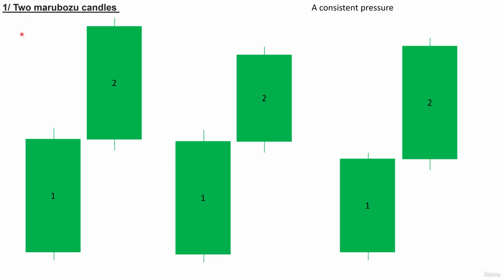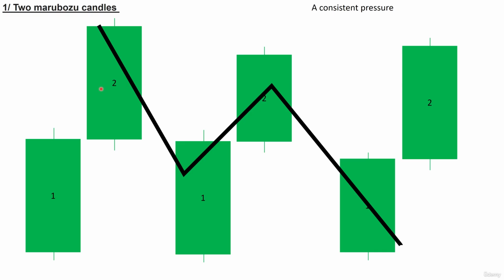You can see that here is the two Maru candle standard, and on this standard we want to see consistent buying pressure. For example, here is an up pullback of the market, and an up pullback will appear in a down market structure.